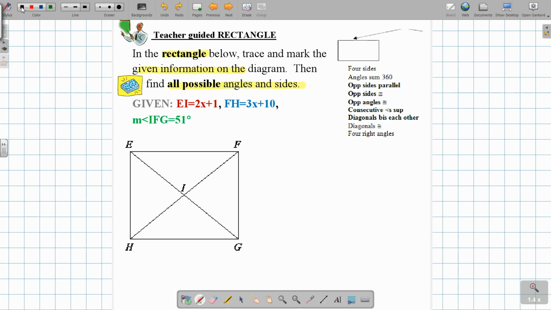So before I do anything, let's just mark what we know is true about a rectangle. Just start marking. The minute you see that, start marking everything you know is true.